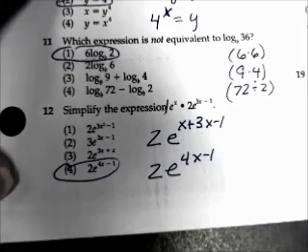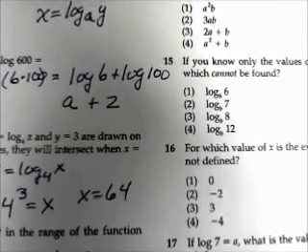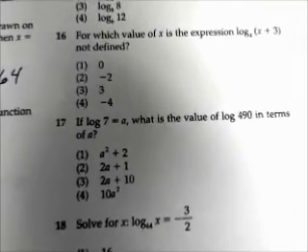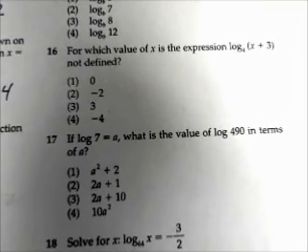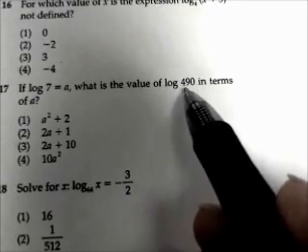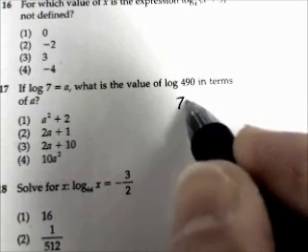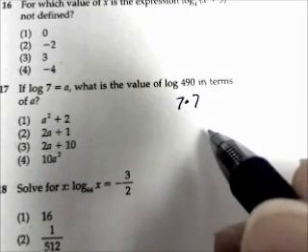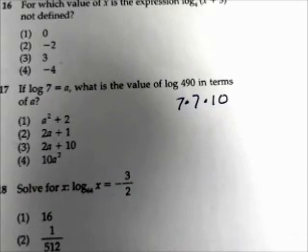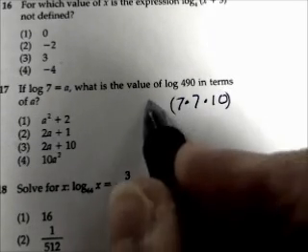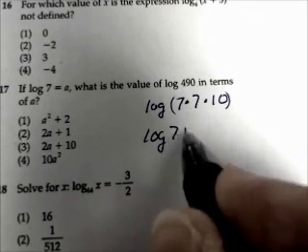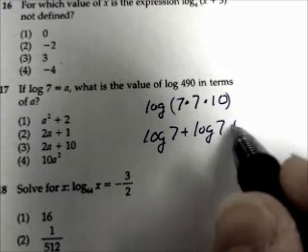And number 17, if log 7 equals a, what is the value of log 490 in terms of a? Let's see, 490, thinking 7 times 7 is 49, times 10 would be 490. So this would expand to log 7 plus log 7 plus log 10.